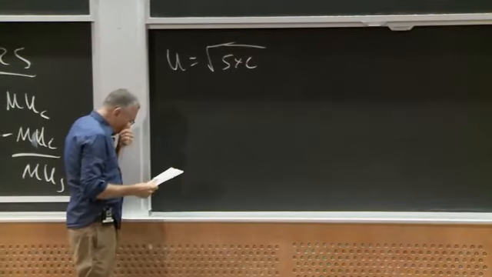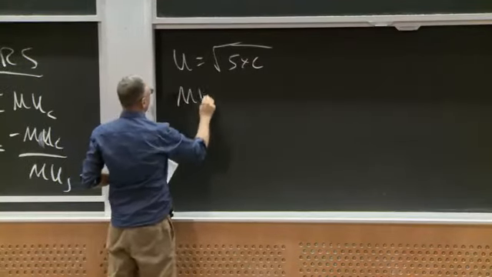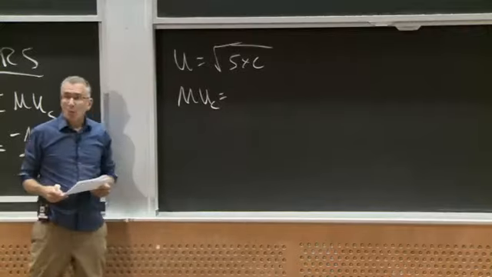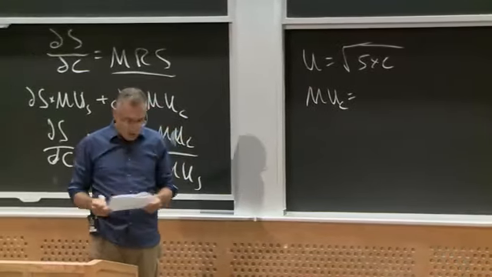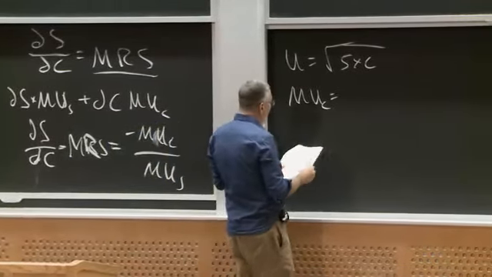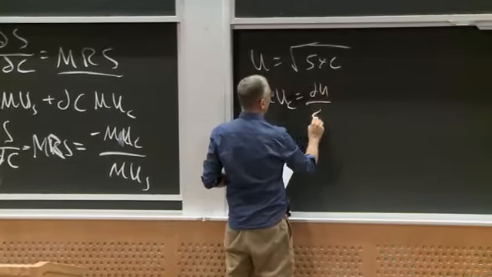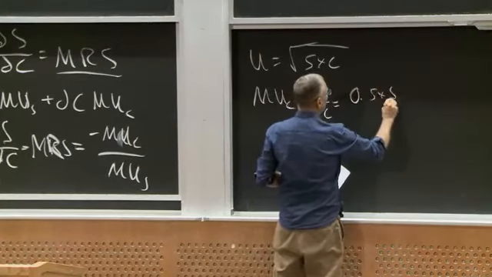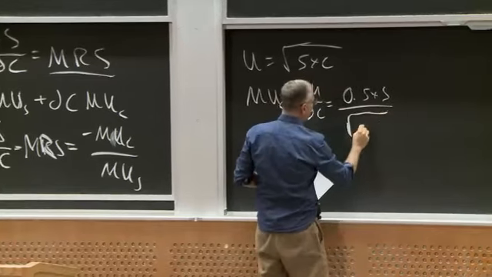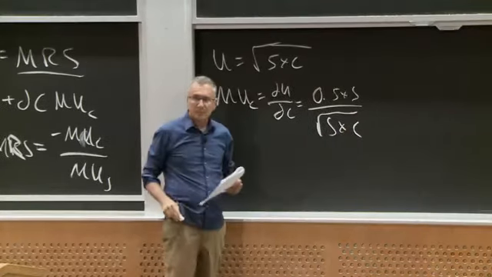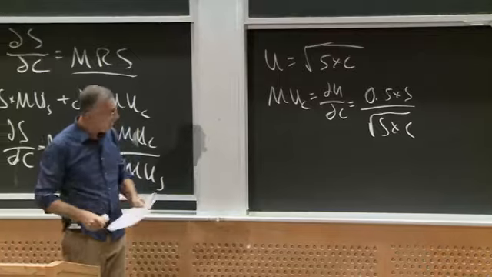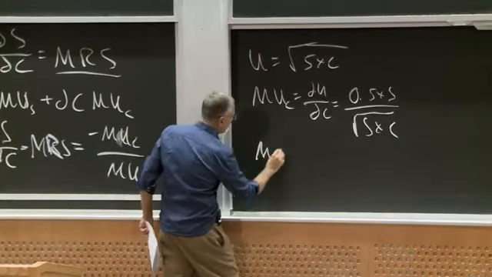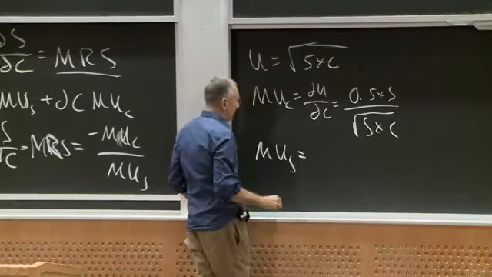So what is the marginal utility of cookies? Well, we're just going to differentiate this function with respect to C. What do you get? So dU/dC equals 0.5 times the number of slices of pizza over the square root of S times C. What is the marginal utility of a slice of pizza?